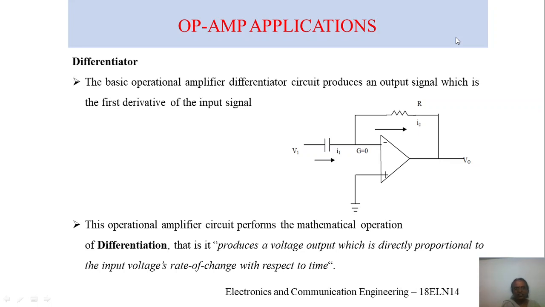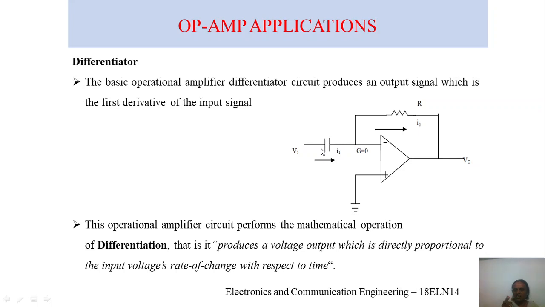For additional definition, we can say that the basic operational amplifier differentiator circuit produces an output signal which is the first derivative of the input signal. This is the circuit of a differentiator. To recall, in the integrator the capacitor was in the feedback and the resistor at the input, but in a differentiator the resistor is in the feedback and the capacitor is at the input.